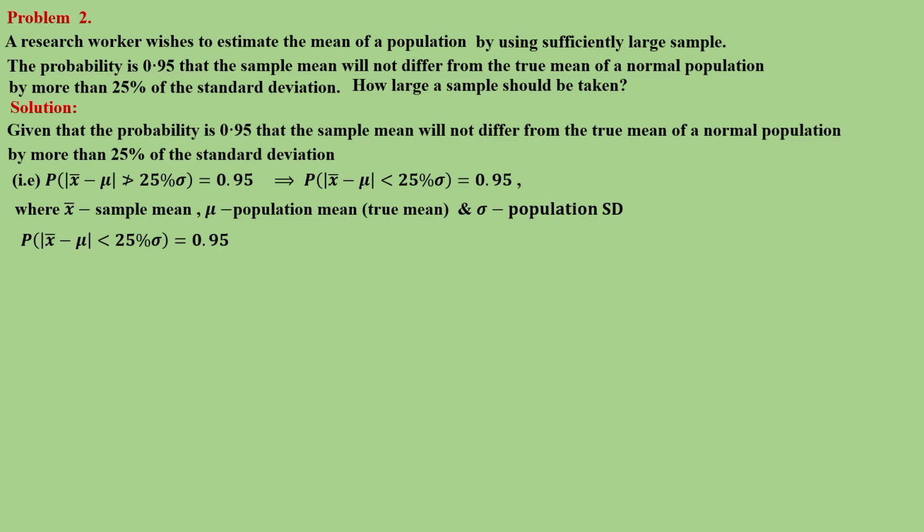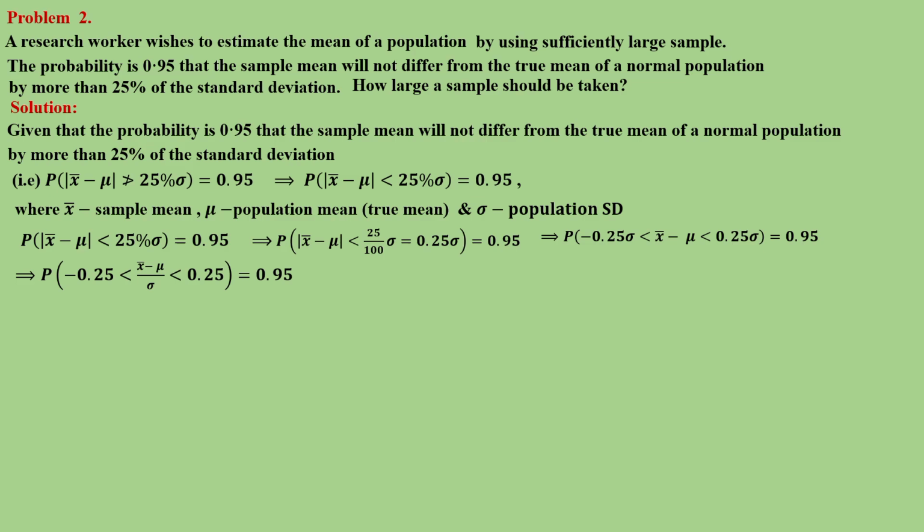So |x bar minus mu| less than 25% can be written as 25 by 100, that is 0.25 sigma, equal to 0.95. We are using the modulus idea: |x| less than a means x lies between minus a and plus a. So minus 0.25 sigma less than x bar minus mu less than 0.25 sigma, equal to 0.95.